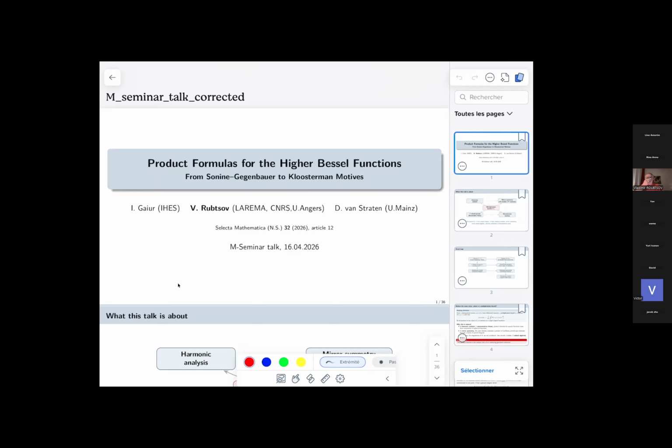I will speak today about product formulas for higher Bessel functions, and this is the subject of my two years of collaboration with Ilia from IHES and Duco van Straten from Mainz University in Germany.